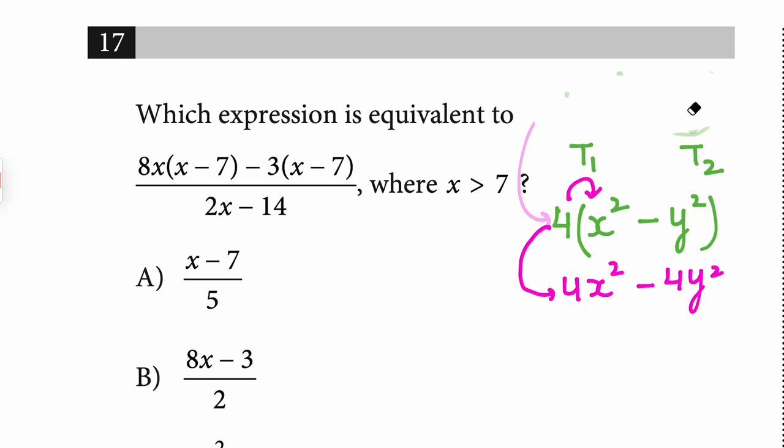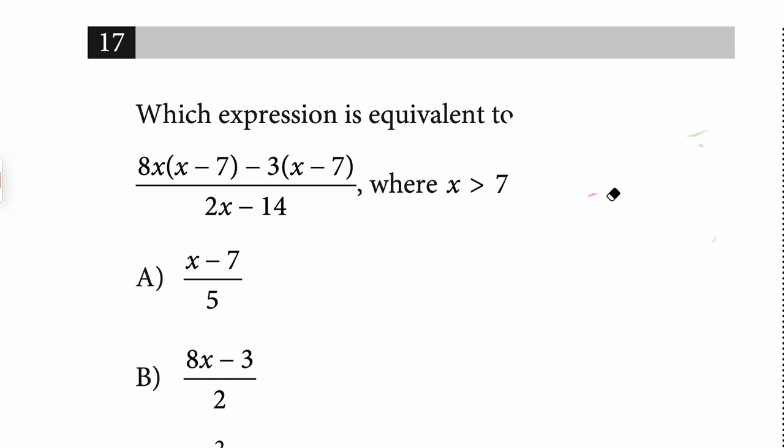So let's see what our question is demanding. You can see this is one complete term, term 1. A term can have many factors, but they all act as one. Here the factors are 8x and (x − 7), and this is term 2. It has 3 and (x − 7).